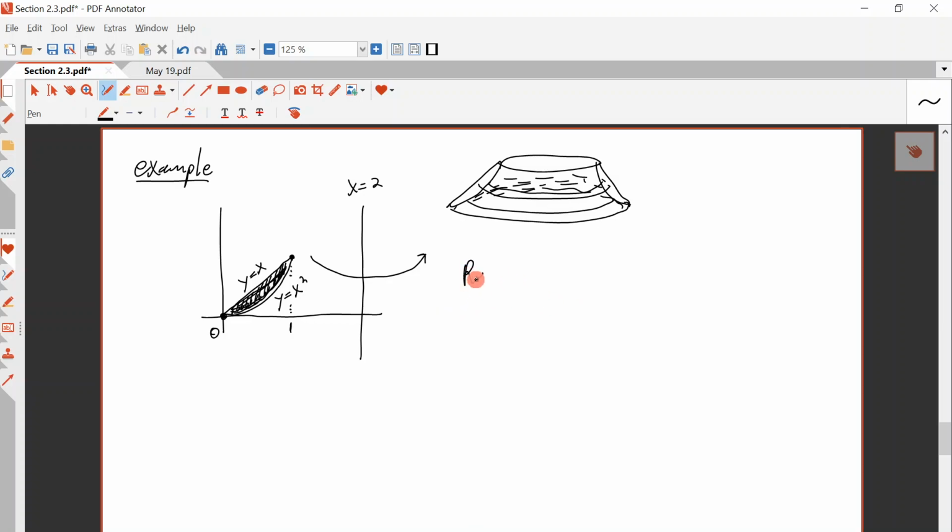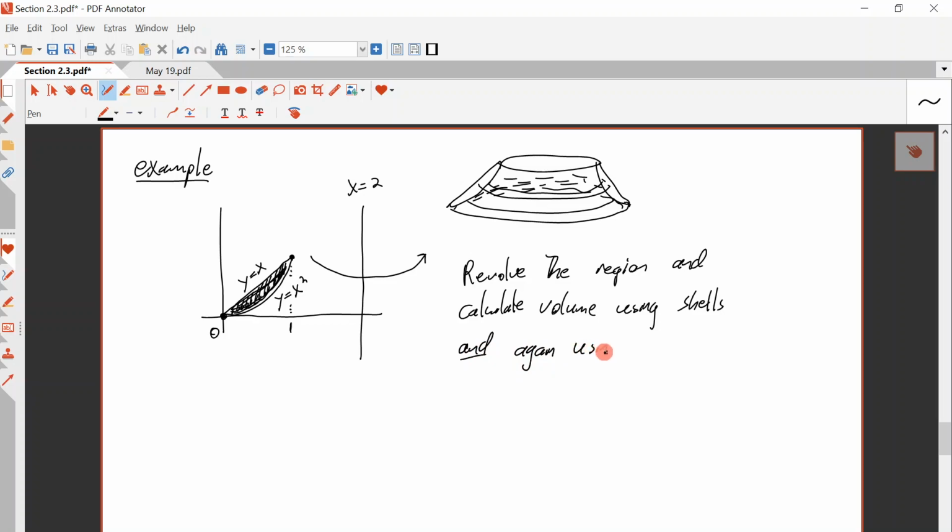Okay, so revolve the region and calculate the volume using shells and, again, using perpendicular slices.